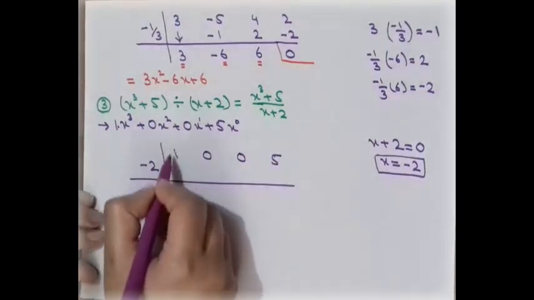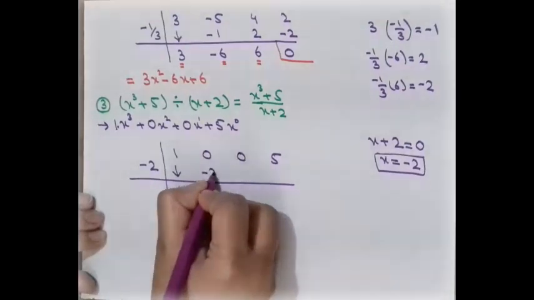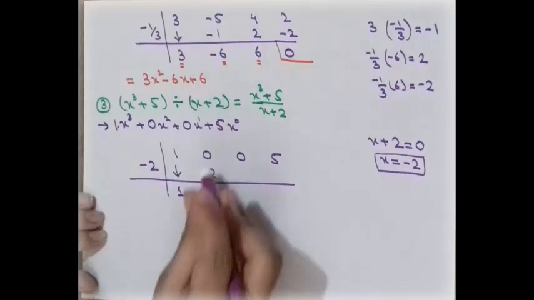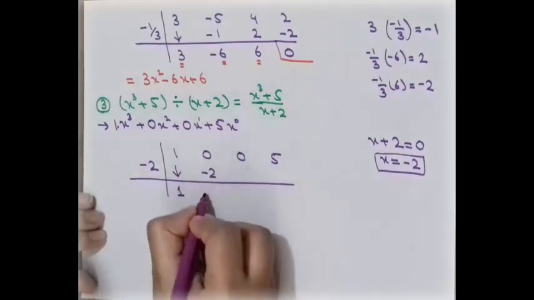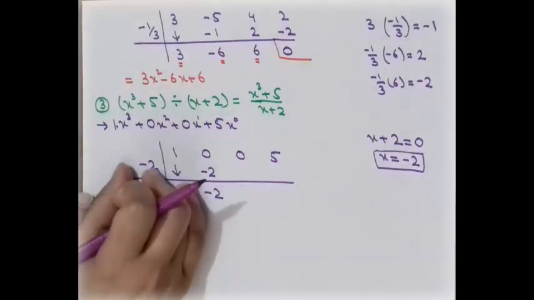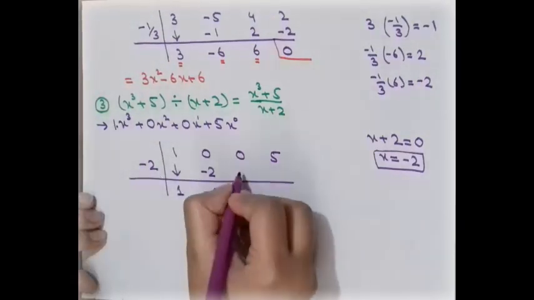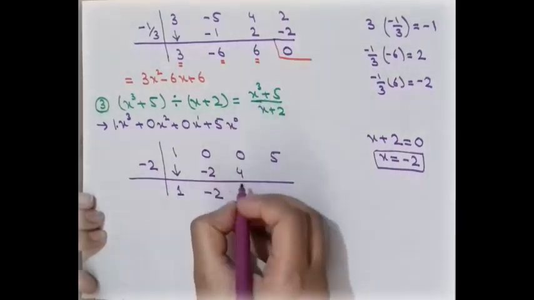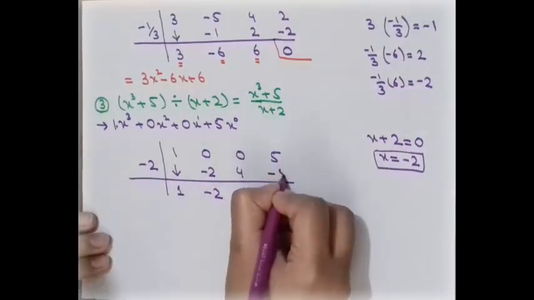First, drop the first element, 1. Multiply it by minus 2, and put it here. Now taking the addition in this column, we will get minus 2. Here is a number again, so multiply this number with the divisor number. We will get 4, and add these two numbers, 0 plus 4, which is again 4. Then it will be minus 8.